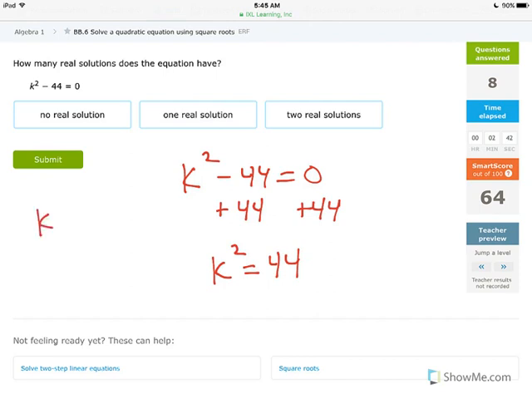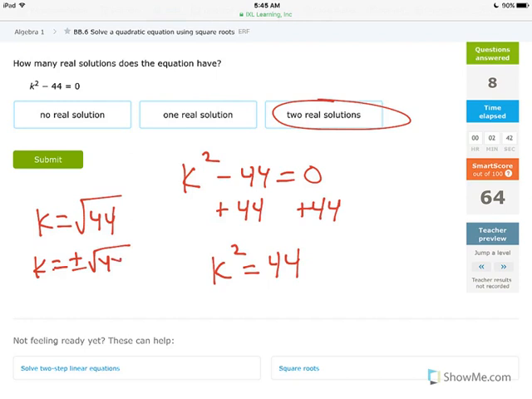So if you did try to solve this, you would be square rooting both sides, and you're square rooting a positive number. So that's going to be plus or minus. So you're going to get two solutions. So we can square root positive numbers, and if we're solving an equation, we have that plus or minus, so we have two solutions.